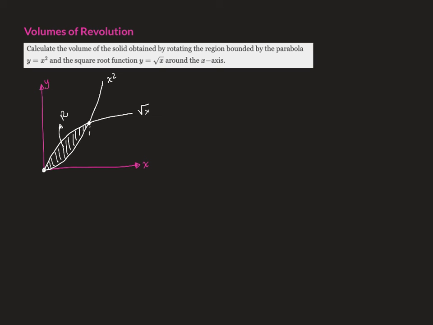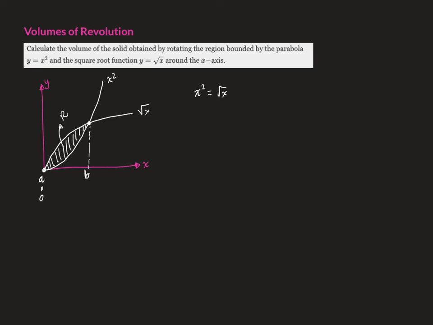So the first thing that we have to do is figure out what these values are. It's easy to see that a is going to be 0, and now we need to find the value of b. So for that, we should make an equation. So x squared is going to be equal to the square root of x.